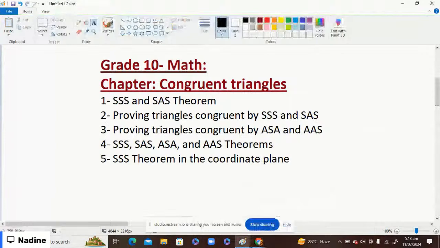Here the first lesson is side-side-side and side-angle-side theorems, proving triangles congruent by side-side-side and side-angle-side. The third lesson is proving triangles congruent by angle-side-angle and angle-angle-side. And then there are the theorems in the coordinate plane.